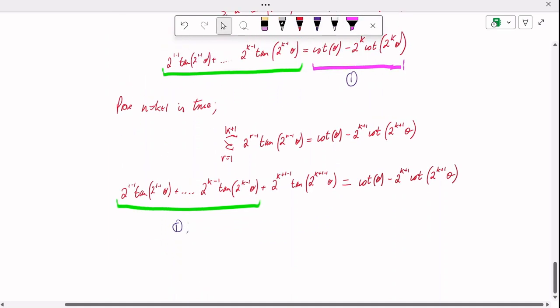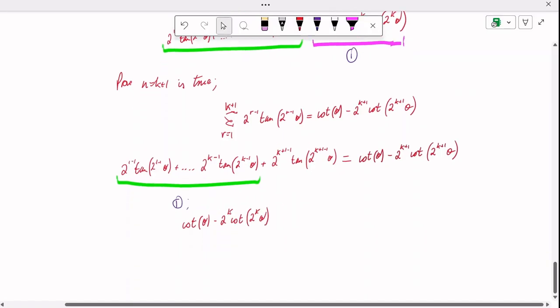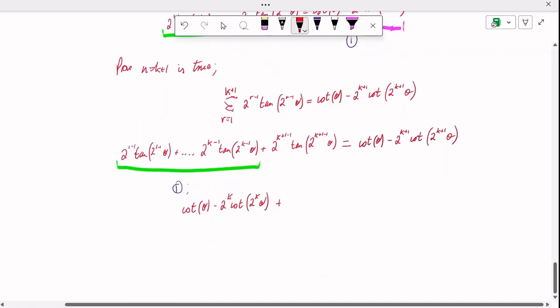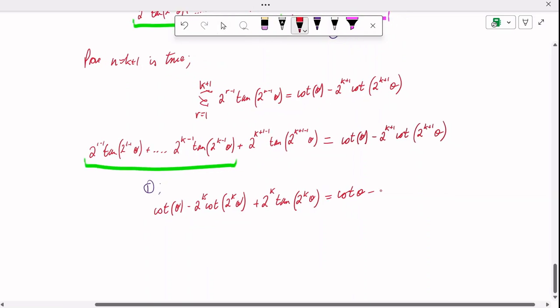So now I'm actually dealing with cot theta take 2 to the k cot of 2 to the k theta plus 2 to the k tan of 2 to the k theta equals cot theta minus, now I'm going to split this up already here into a 2 to the k cot of 2 to the k.